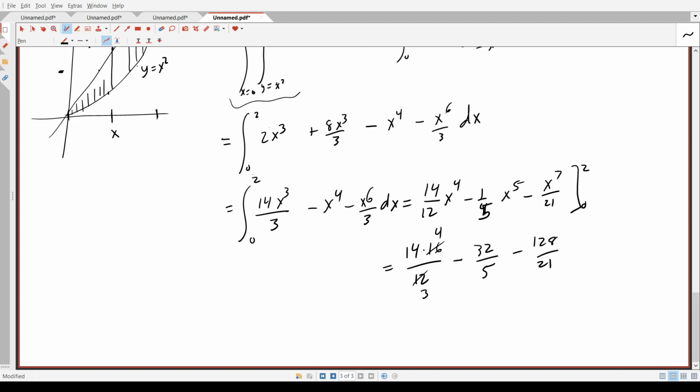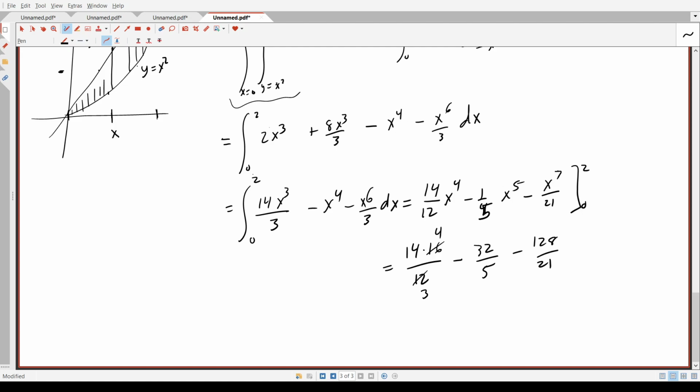And now I plug that into the calculator. So I have 14 times 4 divided by 3 minus 32 over 5 minus 128 over 21. And what does this give me?